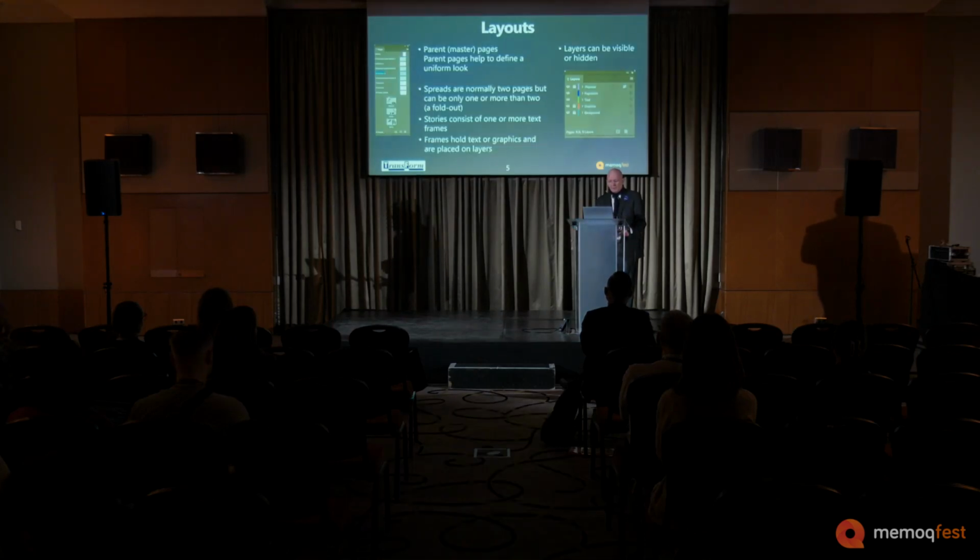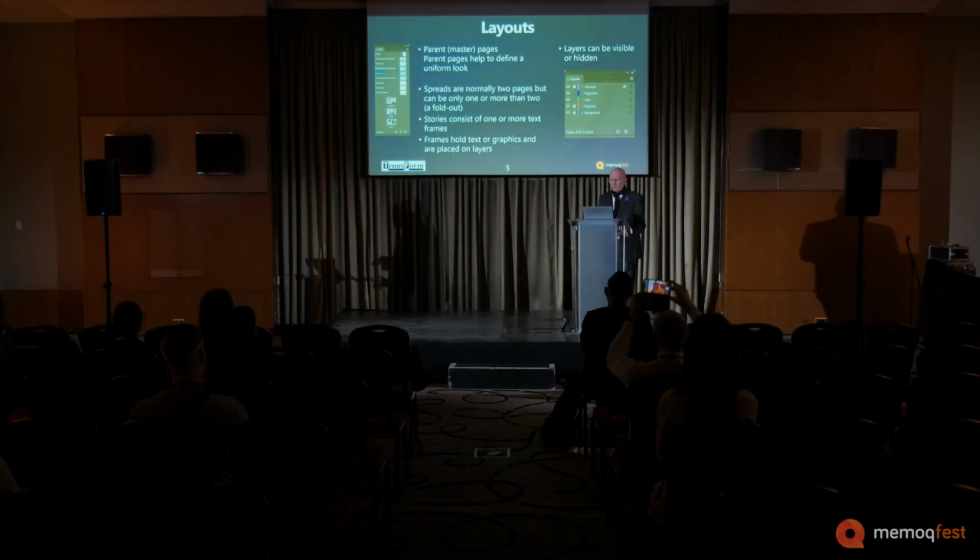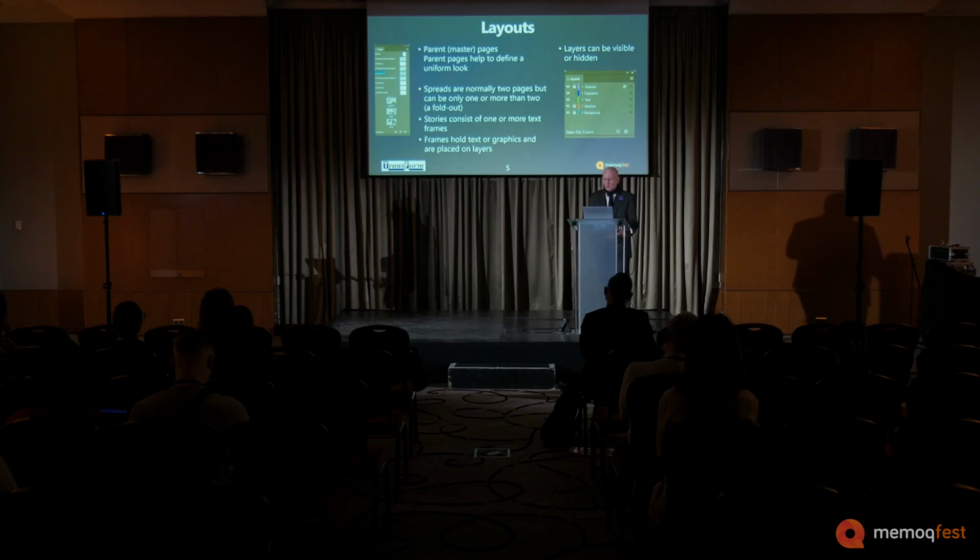Parent pages, previously master pages, were renamed by Adobe in CC 2022. They're usually used to define a uniform look for a section or for an entire publication. Parent pages are often designed with dummy images and text. The text used may be Greeked or a version of a real text.